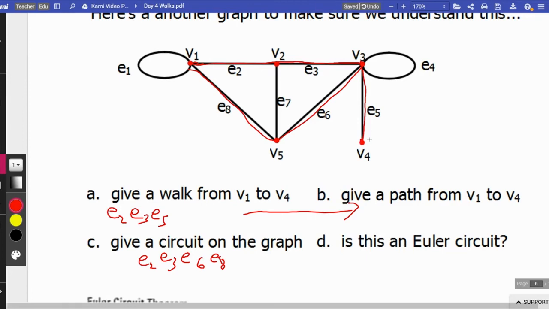Or you started with V4, do some other stuff, but then when you have to come back to it, you're going to have to travel E5 again. So it's not an Euler circuit. You can't make an Euler circuit with this graph.